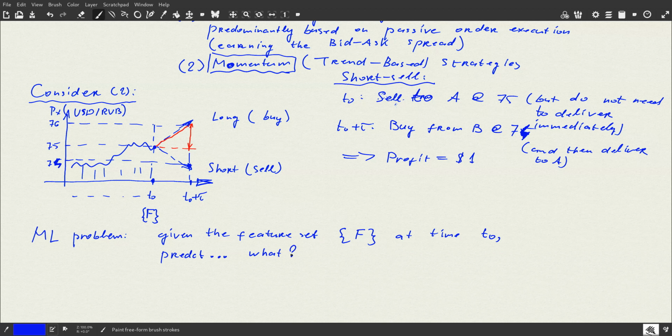So in the simplest case, we can actually predict many things. We can predict, for example, the price at T0 plus 2. If we predict the price at T0 plus 2, so we get a value, we do some kind of value prediction, then it is actually a regression problem.